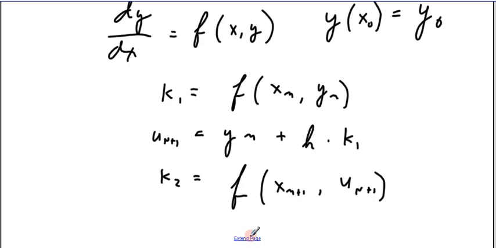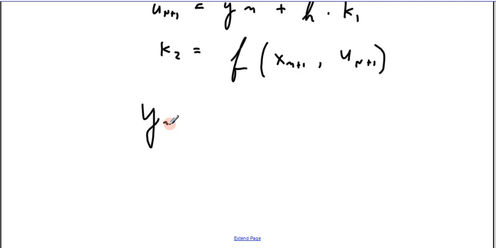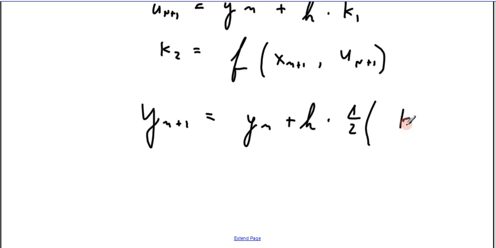And then we're going to find y n plus 1 as yn plus the step h times 1/2 k1 plus k2. So what we're doing is basically cutting the step in half and finding two different points and calculating our answers slightly different. And in this particular case, we should be able to come up with a better answer than we did last time. That's the whole point.